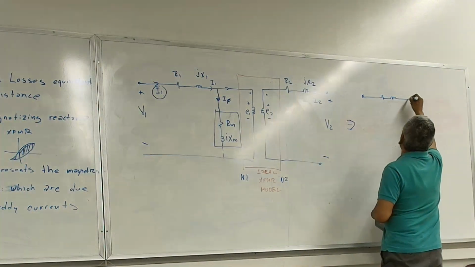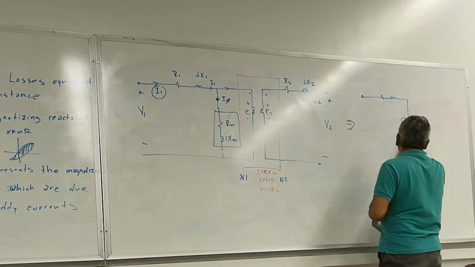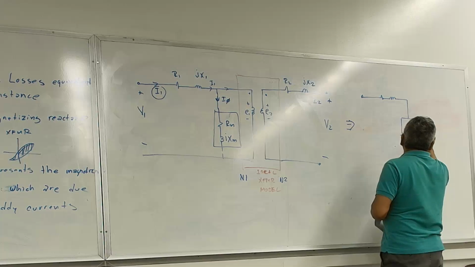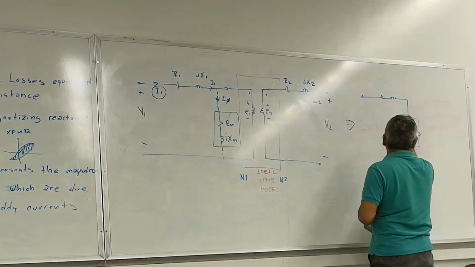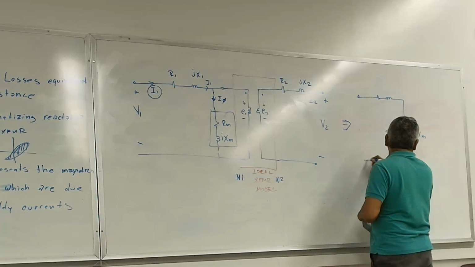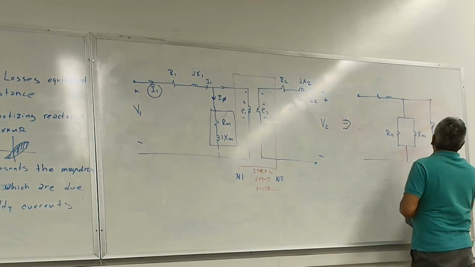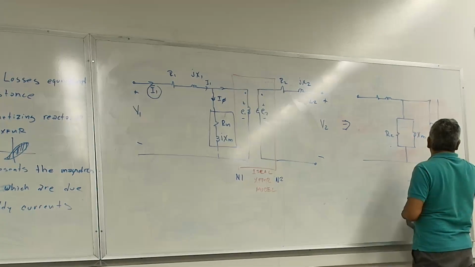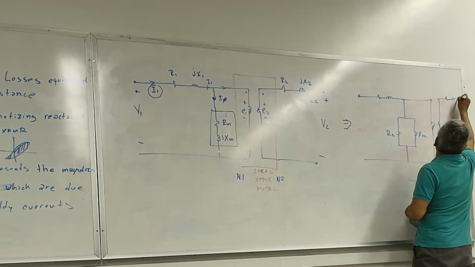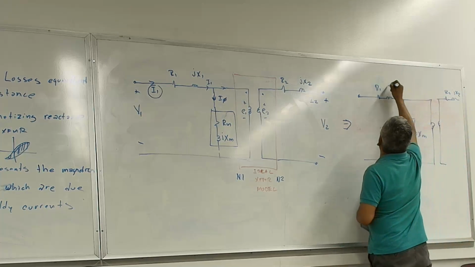R1, JX1. I can also draw that branch like this, as a parallel combination. I'm going to call this RC. This is XM. And here's my winding, my ideal transformer part. And then R2 and JX2, R1 and JX1.